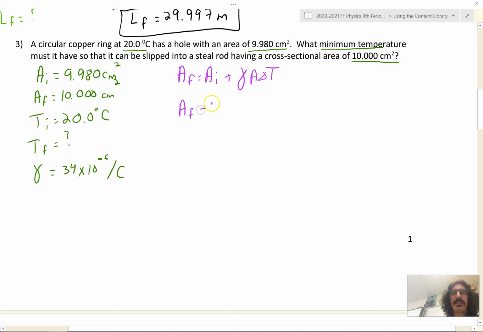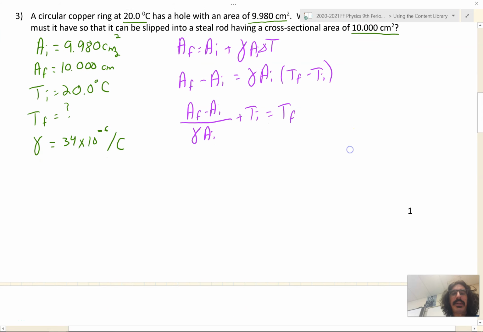So A sub F minus A sub I equals gamma A sub I times the final temperature minus the initial temperature. We want to solve for the final temperature. So we'll divide by gamma A sub I, A sub F minus A sub I over gamma A sub I, and then add T sub I to the other side. So plus the initial temperature. And that gives us the final temperature.